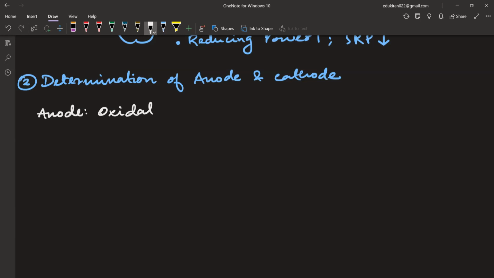Oxidation happens in the anode. Very good. If oxidation is happening in the anode, then that means its SRP will be what? SRP will be low. It is not going to reduce. Correct? Yes or no? Please tell me. If oxidation is happening, then its potential to get reduced is very low. Yes or no?